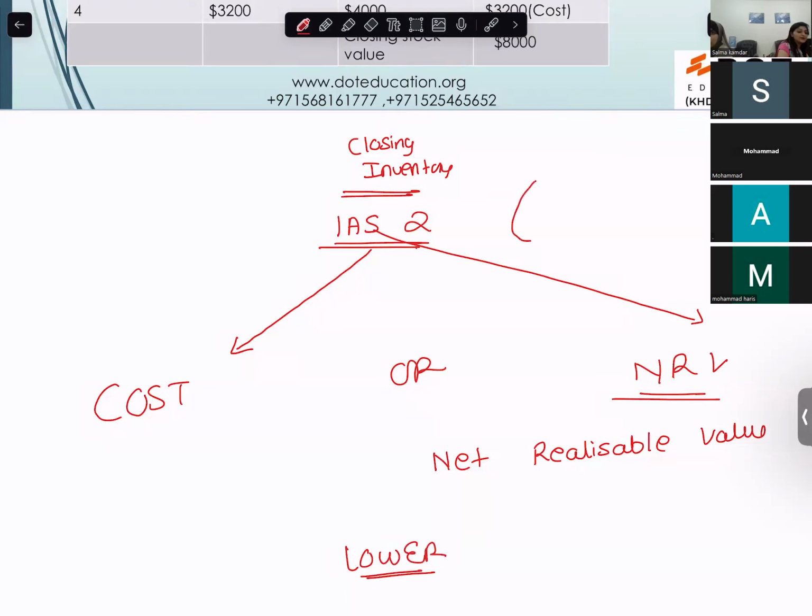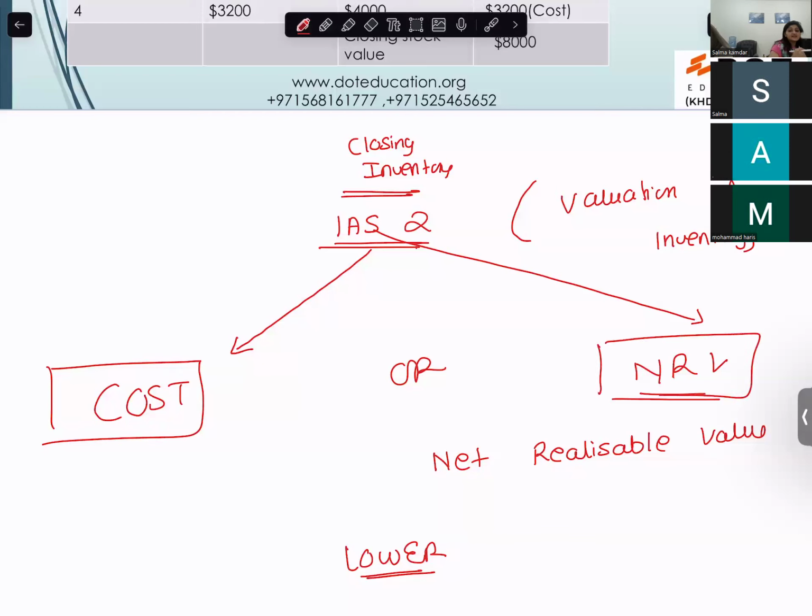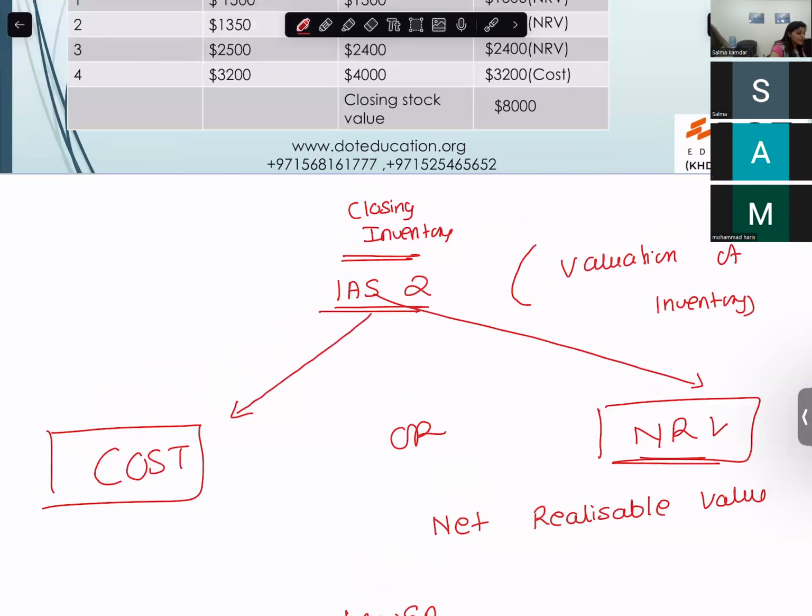IAS 2 is particularly for valuation of inventory. Can you tell me what this IAS tells us inventory should be valued at? At cost or net realizable value, whichever one is lower. But when I'm arriving at cost, there is something that I need to add. When I'm arriving at NRV, there is something that I need to do.